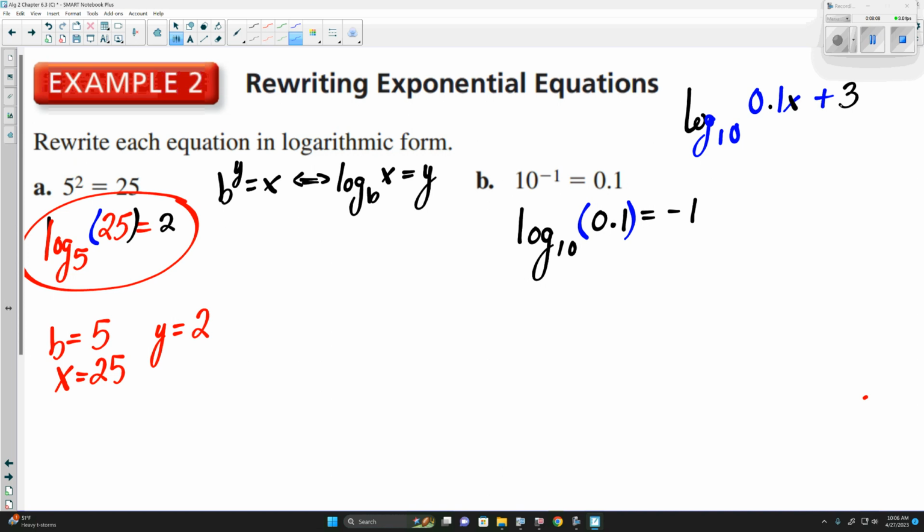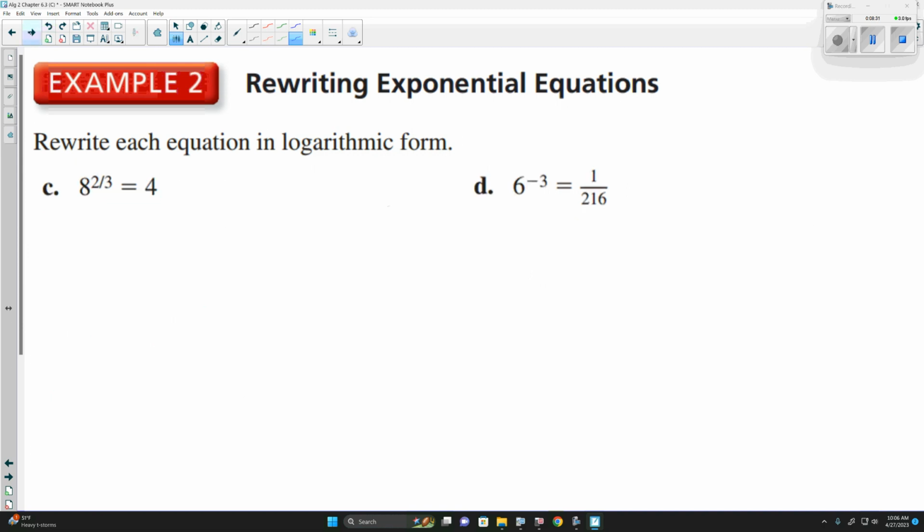It's really just saying this here plus 3. I put the parentheses so that we know for sure what's actually inside the logarithm and what is not. But we'll get to more of those later on. Any questions on rewriting these as logarithms? Let's look at the next one.